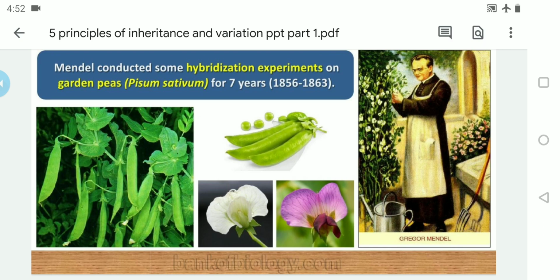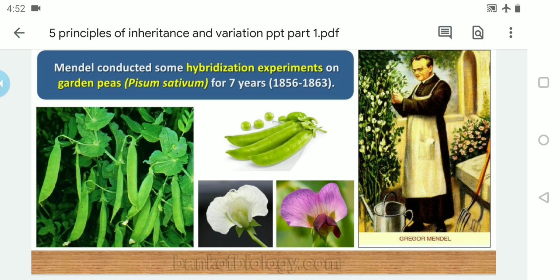Okay, after returning from the university, while he was staying in the church, he found a huge area where he grew pea plants. Mendel selected the garden pea plant, Pisum sativum, as an experimental plant.